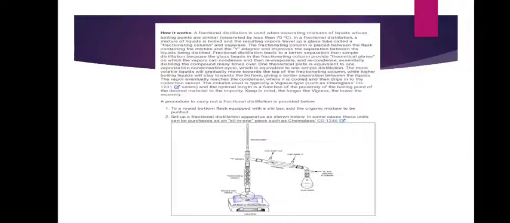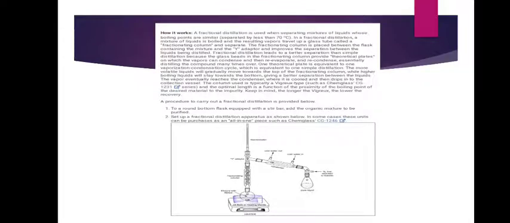So how does it work? Fractional distillation is used when separating a mixture of liquids whose boiling points are similar. In fractional distillation, a mixture of liquids is boiled and the resulting vapors travel up a glass tube called a fractionating column and separate.